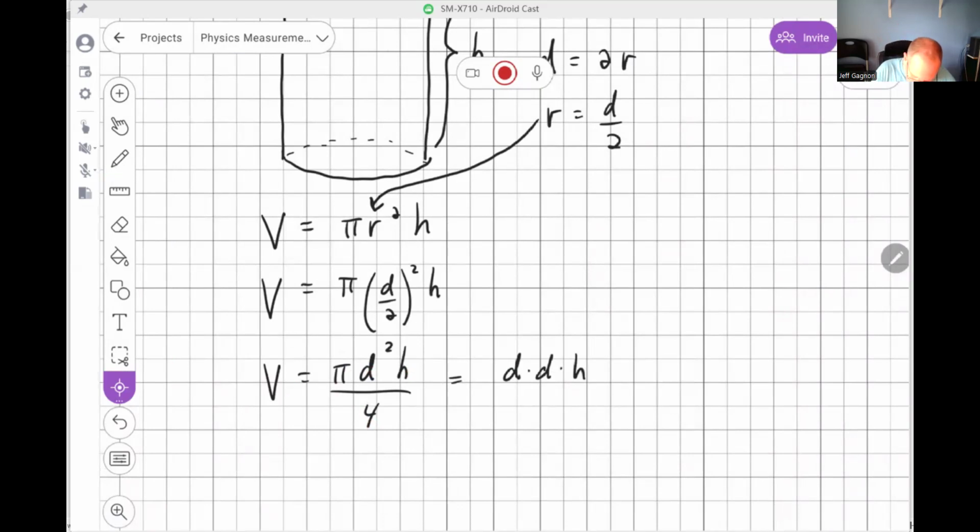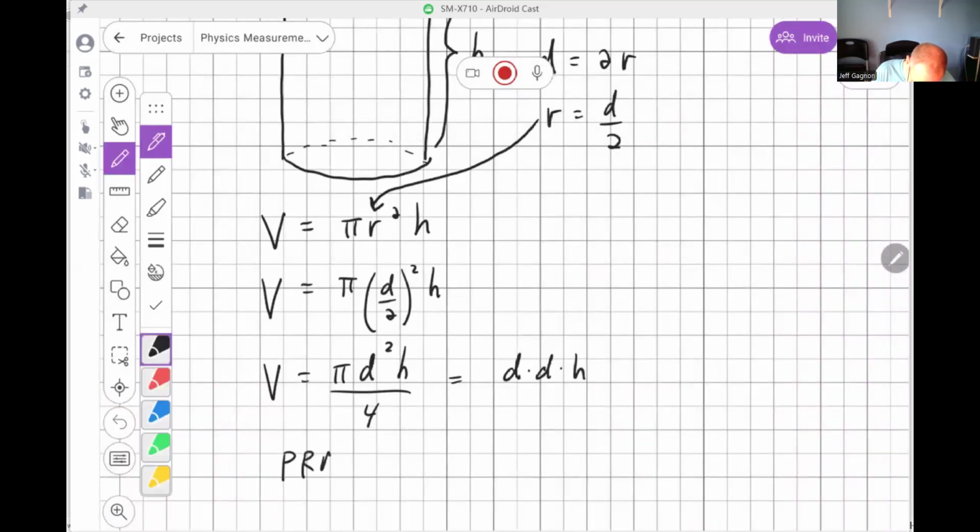And remember the rule now, if I want prad for the dependent variable volume, if I have a bunch of variables multiplied together, I have to add their respective prads. And since it's diameter times diameter, or diameter squared, I have to add the prad for diameter twice.